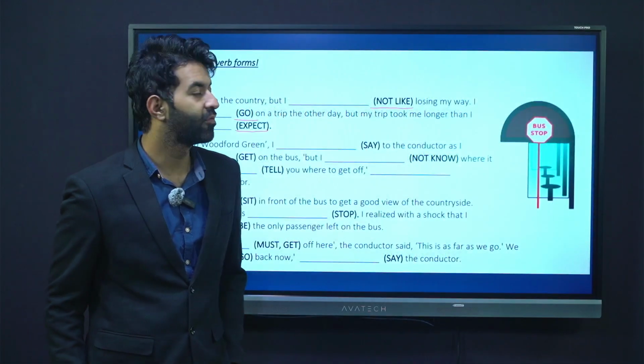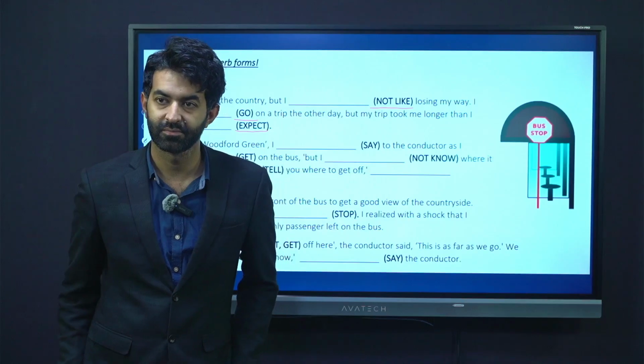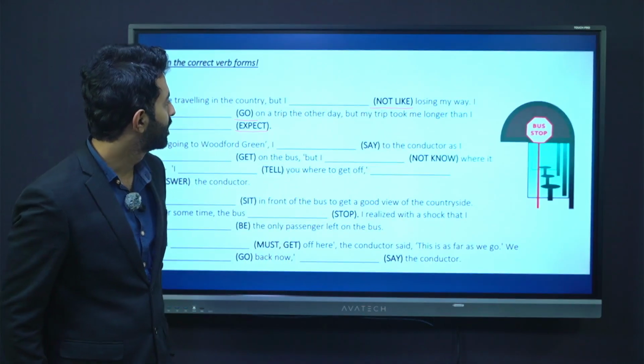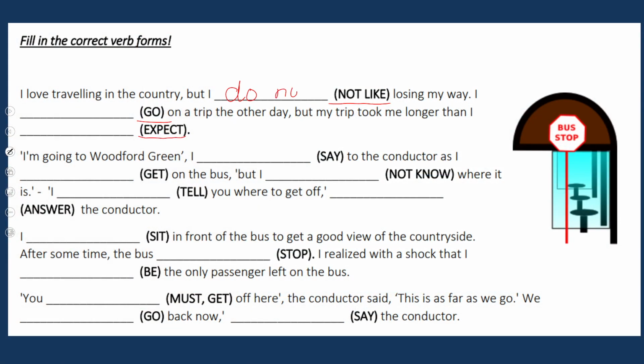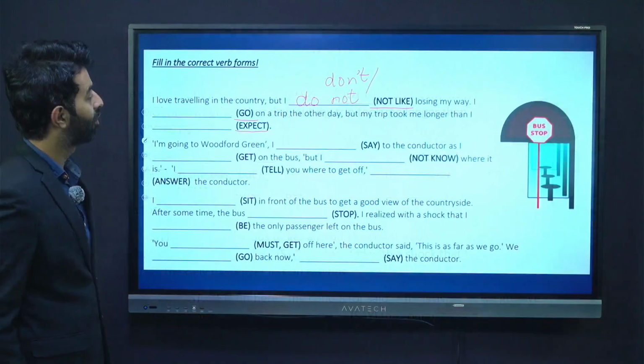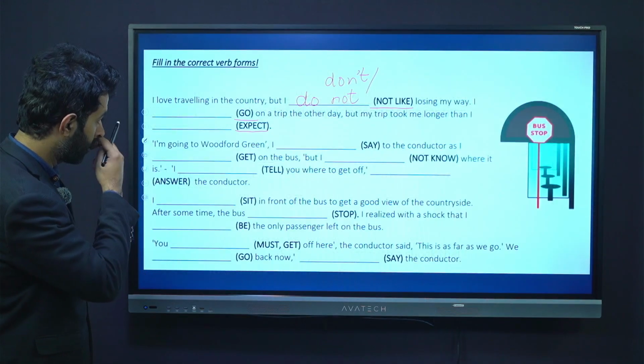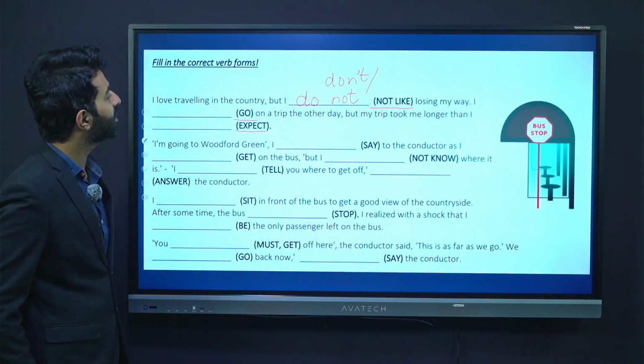कौन सा verb form आप इसमें यूज करेंगे? All right. I do not. All right. या don't आप कह सकते हैं. Like losing my way. I on a trip the other day, but my trip took me longer than I. Now, let's see. हम past की अब बात कर रहे हैं.